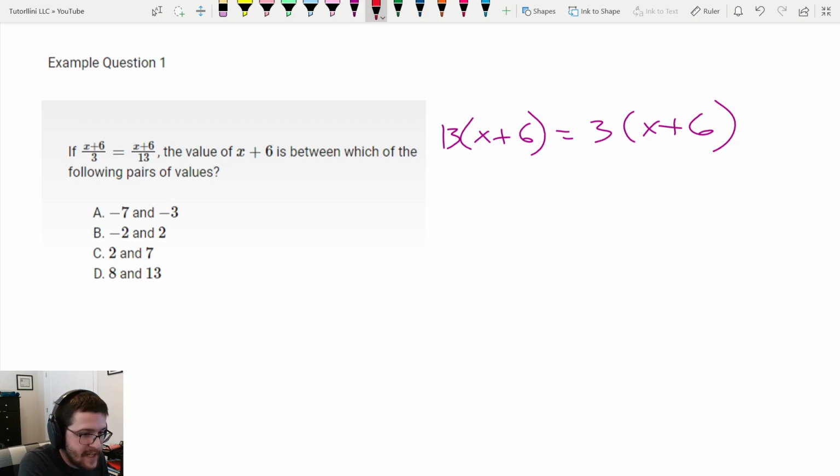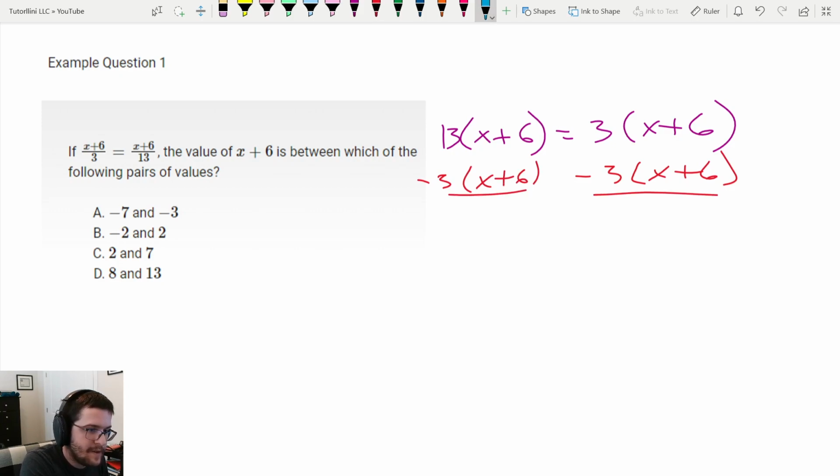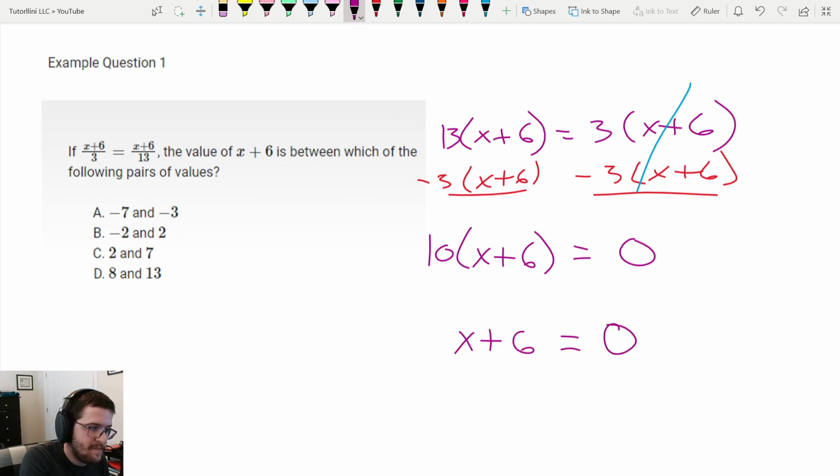So I'm actually going to get the x plus 6 by itself. So I'm going to subtract 3x plus 6 from both sides, and I get 10x plus 6 equals 0. Now divide both sides by 10, and you get x plus 6 equals 0.